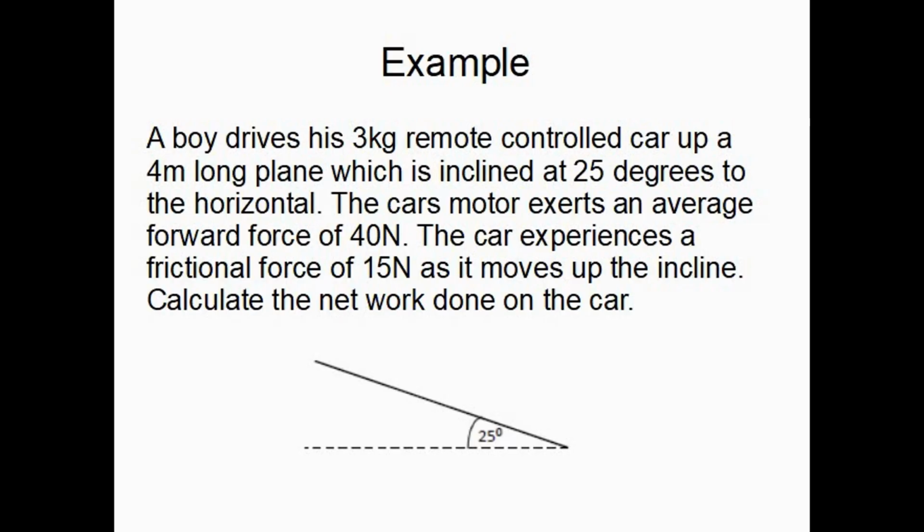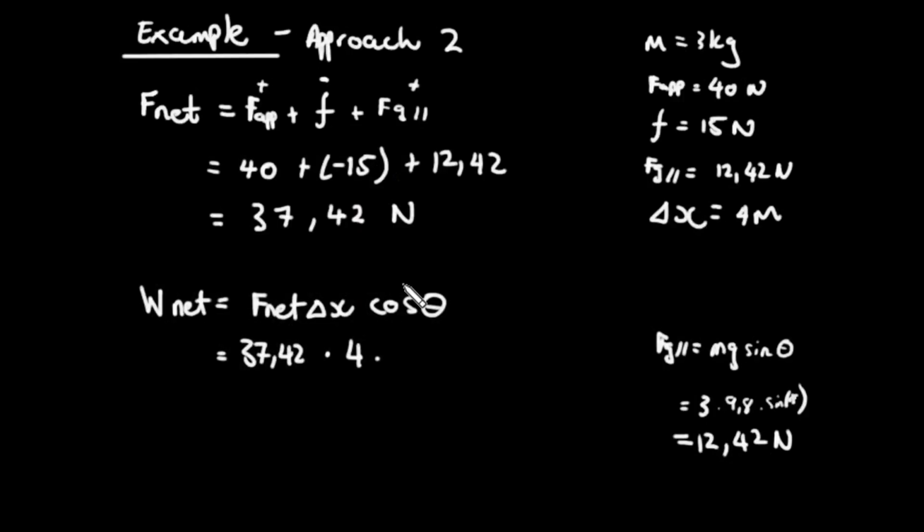Let's just check that. The car motor exerts an average force. The car experiences a frictional force as it moves up the incline, and it moves up an incline 4 meters long. So that's the same, therefore it's cos of 0, which is 1.